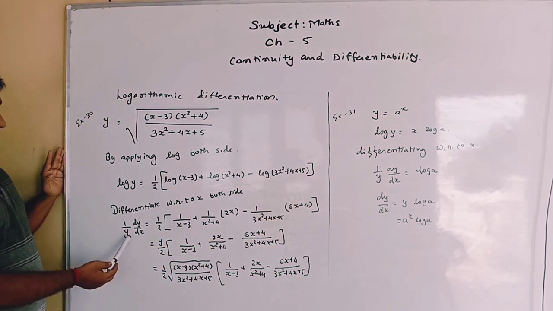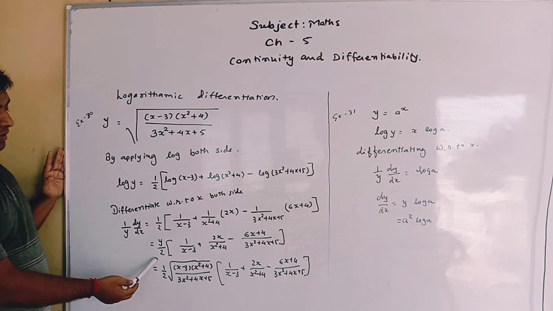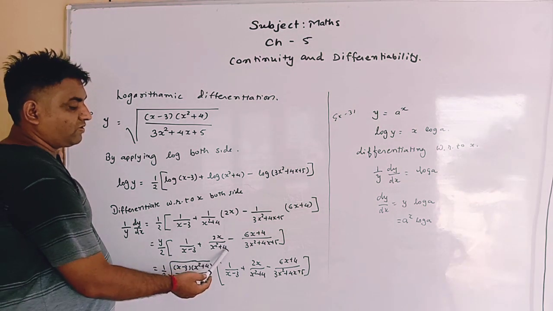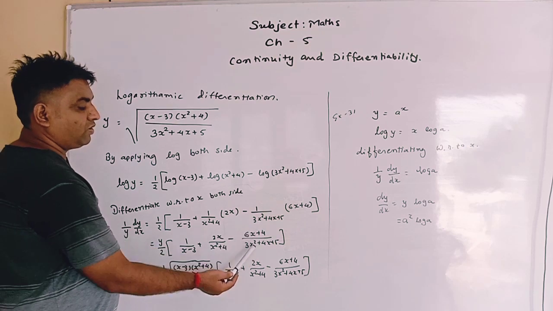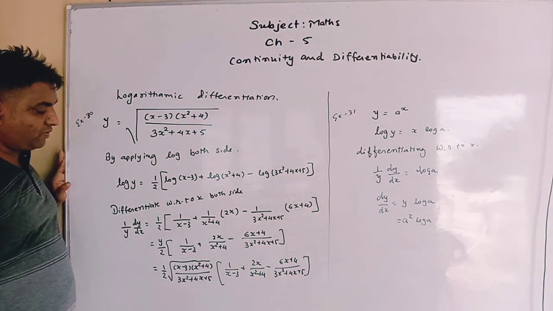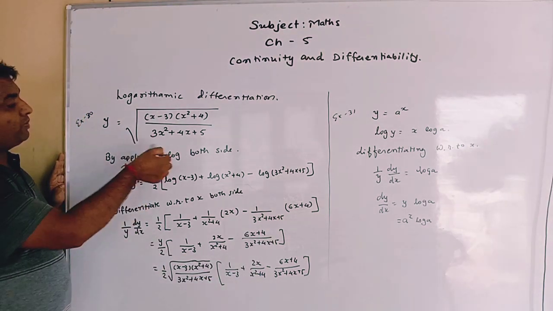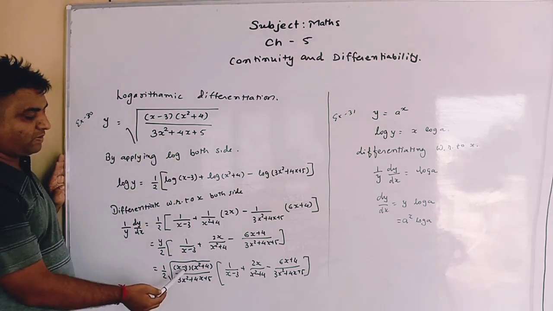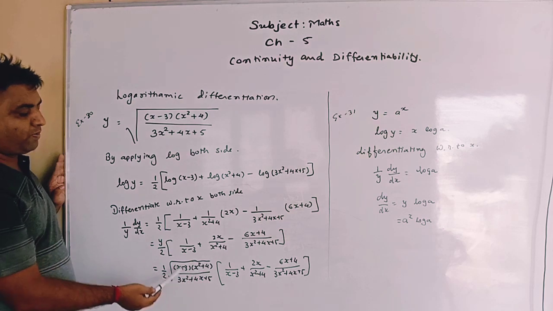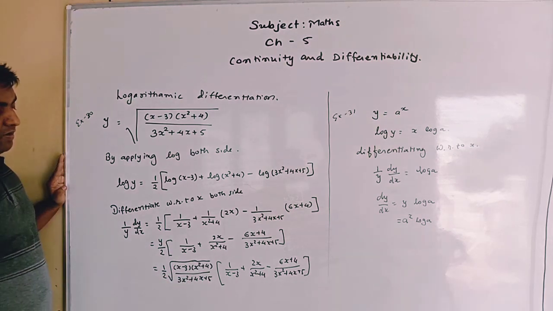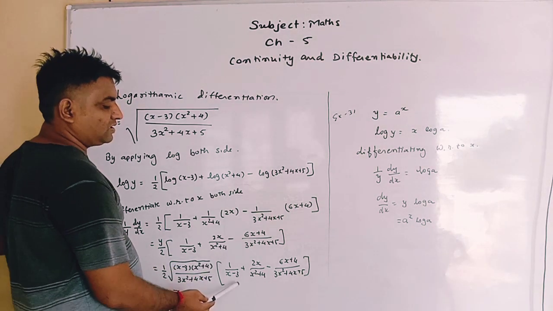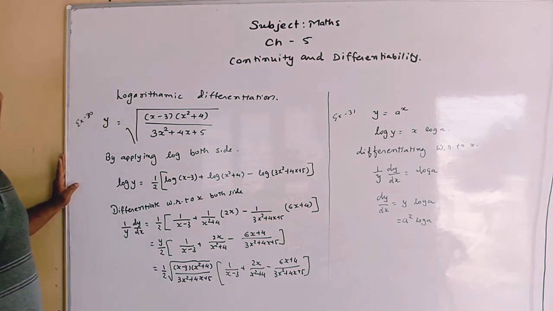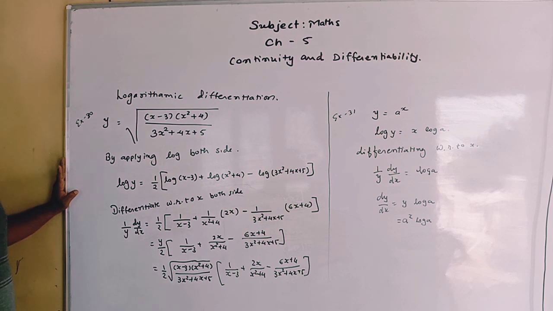So we have the answer: we take y to the other side, dy by dx equals y by 2 into 1 by (x minus 3) plus 2x upon (x square plus 4) minus (6x plus 4) upon (3x square plus 4x plus 5). The y value is obtained from the question. Then the final answer is 1 by 2 under root of (x minus 3)(x square plus 4) upon (3x square plus 4x plus 5) into 1 by (x minus 3) plus 2x by (x square plus 4) minus (6x plus 4) by (3x square plus 4x plus 5).